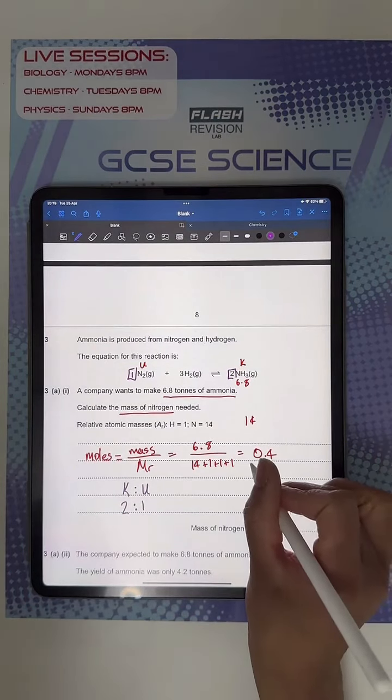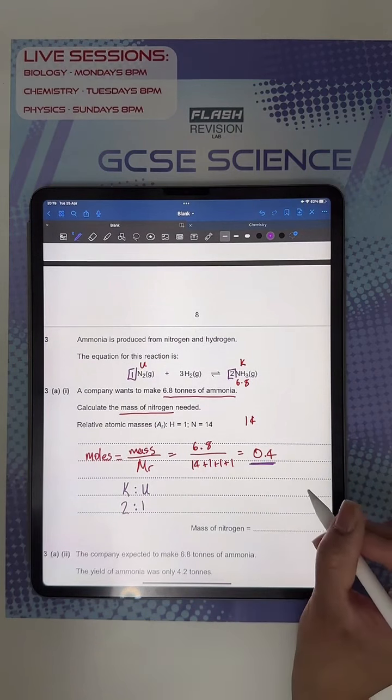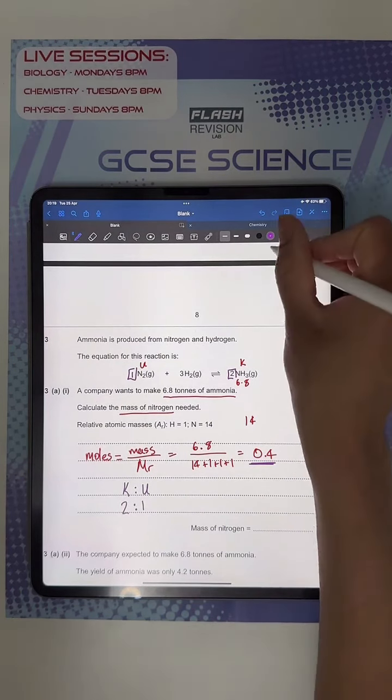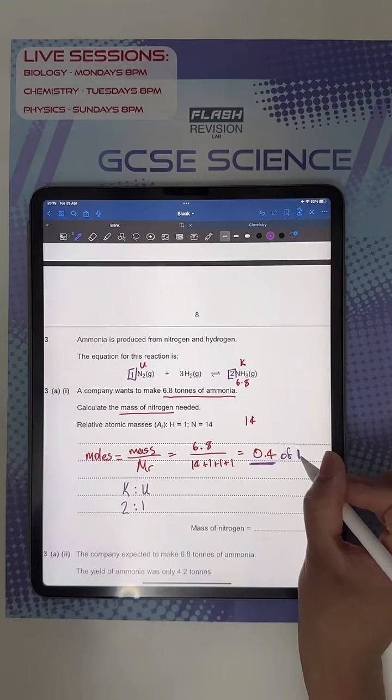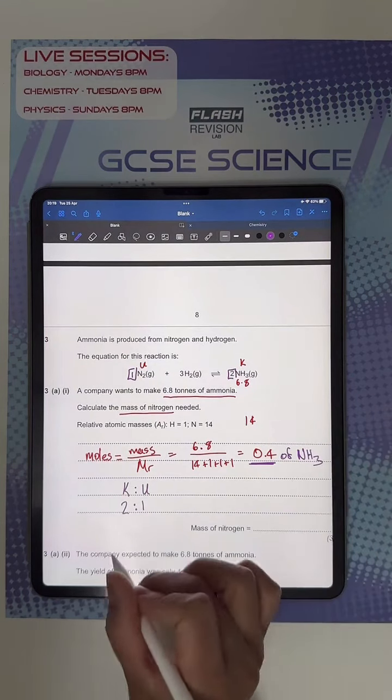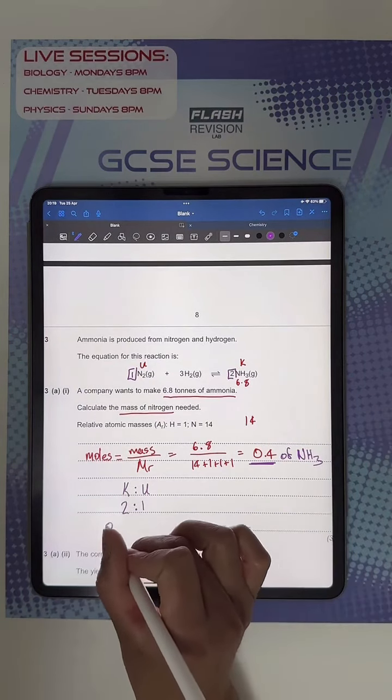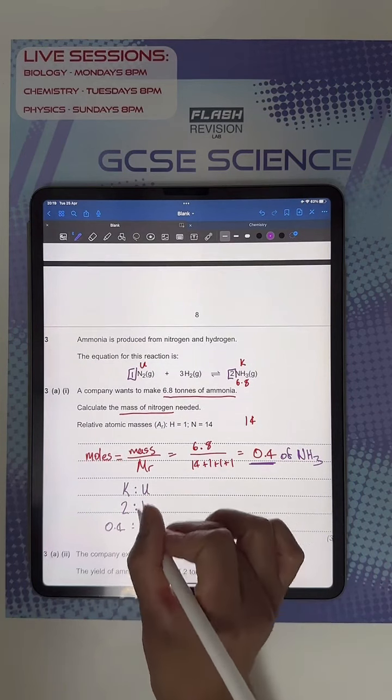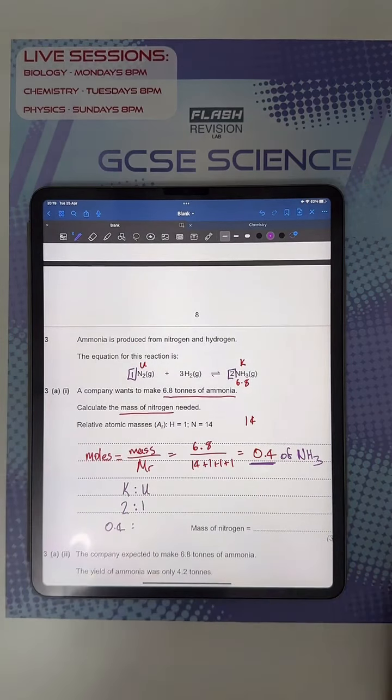So we've just worked out 0.4 moles of the known. That's of ammonia, isn't it? So of NH3. If we got 0.4 moles of ammonia, how many moles of nitrogen would you have?